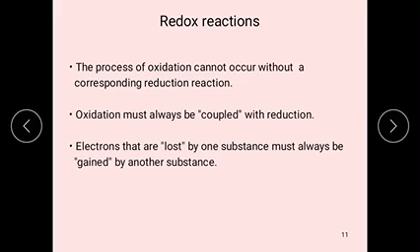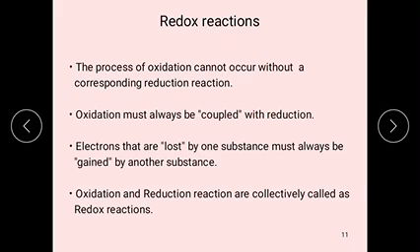If any substance loses electrons, those should be gained by another substance in a single reaction, then it is treated as a redox reaction. Oxidation and reduction are collectively called a redox reaction.